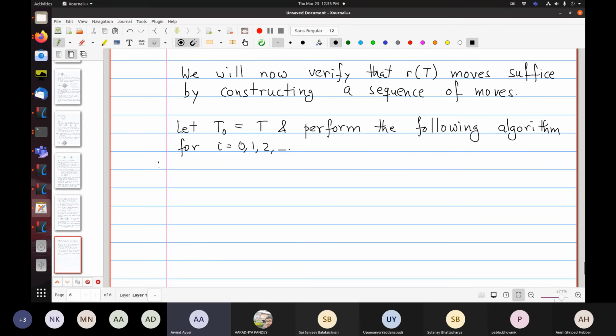The first step is to select a vertex Vi at which H of Ti is maximum. Initially we'll start with T.